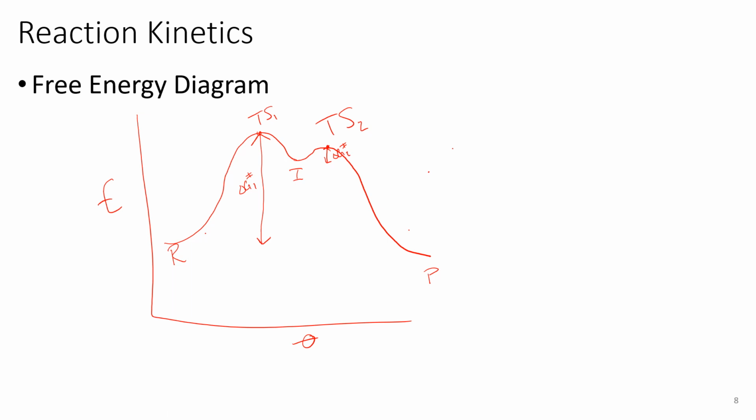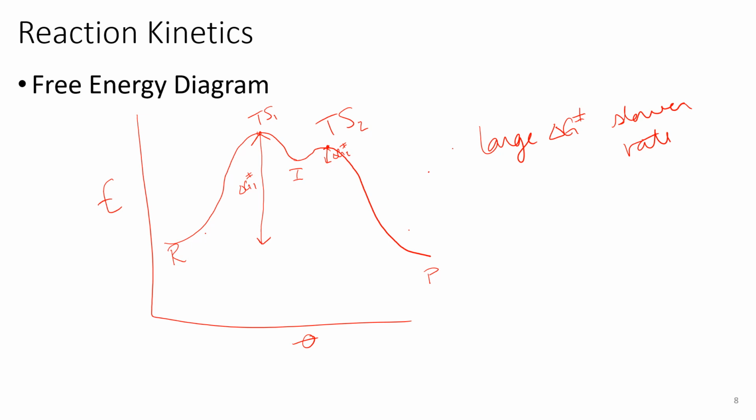And what you'll want to notice is that they are very different in terms of the energy barrier that we have. The first step in this mechanism has a very high energy barrier. The second step has a very low energy barrier. And this now helps us predict what is the rate determining step, what is the slower step. And what we're going to see is that the larger that energy of activation, the slower the rate is going to be for that step.